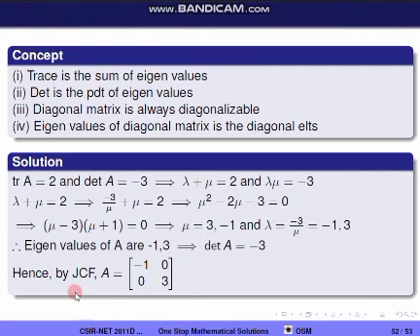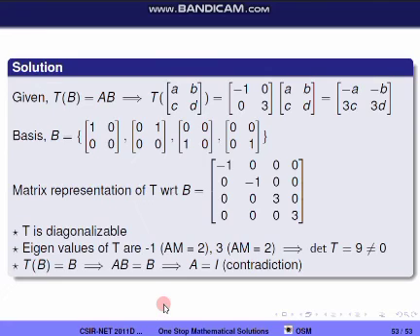Okay, therefore by Jordan canonical form, we write the matrix A is equal to [−1, 0; 0, 3]. You can also write it as [3, 0; 0, −1]. Now given T(B) is equal to AB, I am taking B as a general 2 cross 2 matrix. So T of [a, b; c, d] is equal to matrix [−1, 0; 0, 3] times [a, b; c, d].